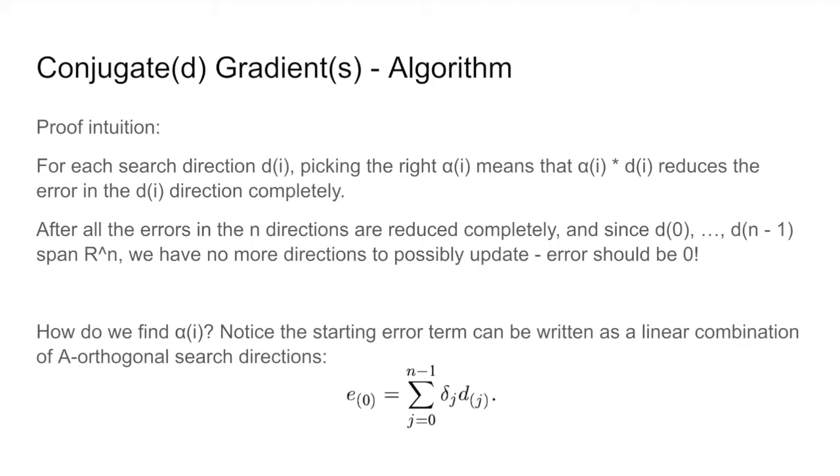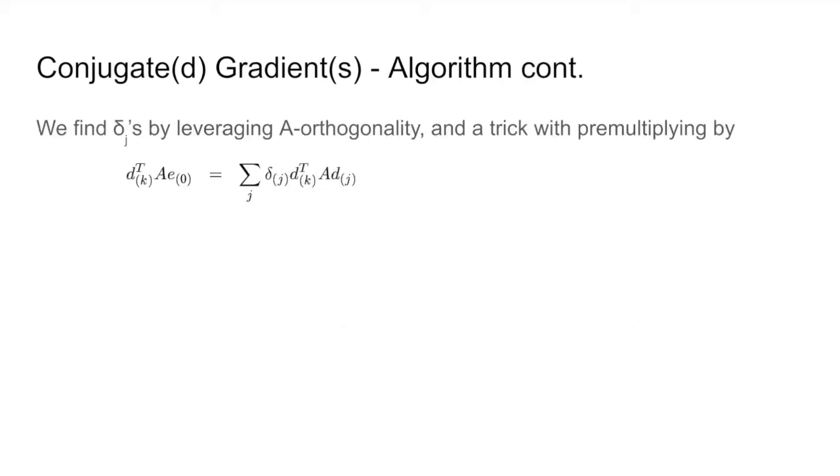We find the step size by first noticing that the starting error term can be decomposed and written as a linear combination of all our n search directions, since the search directions span R^n. Each search direction d_j is weighted by some delta_j. We find these delta_j's by leveraging two things, A-orthogonality and applying the following trick.